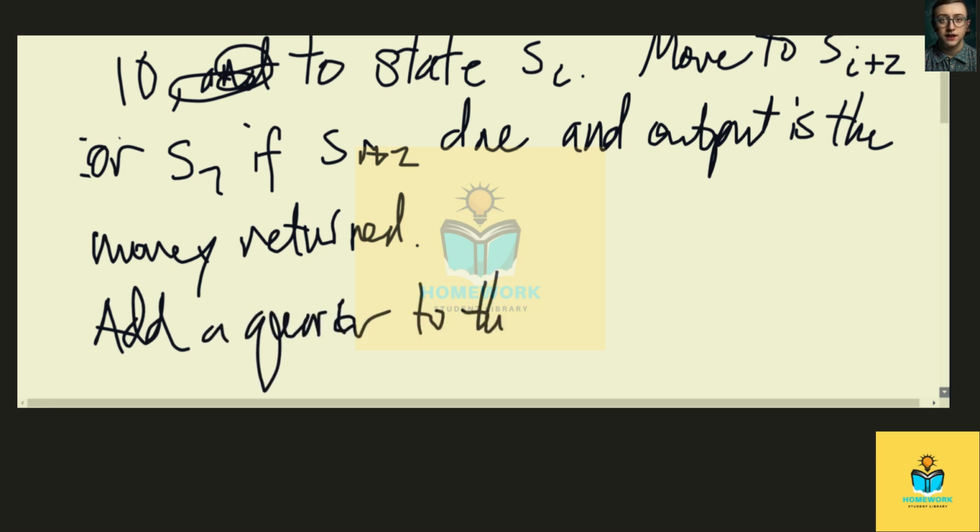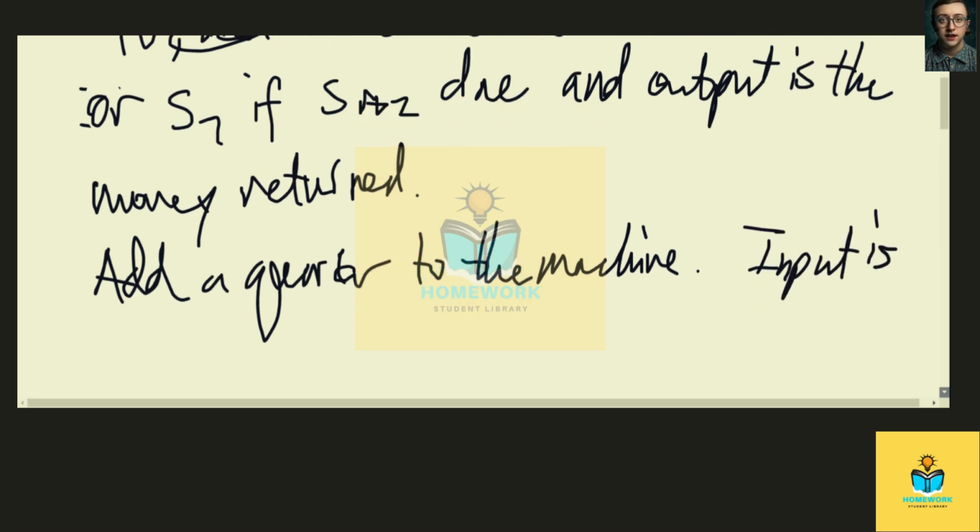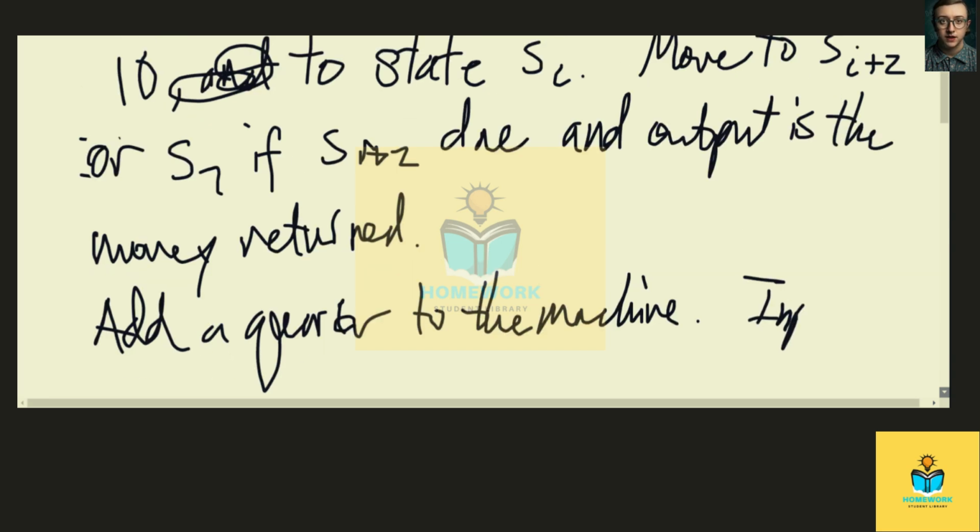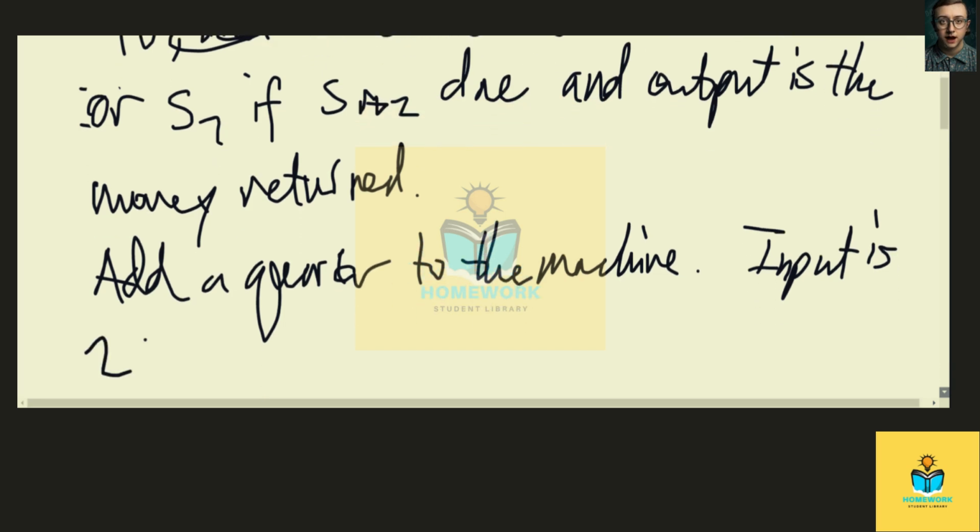Now, for another case, add a quarter to the machine. Then this means that the input is 25 to the start state Si.